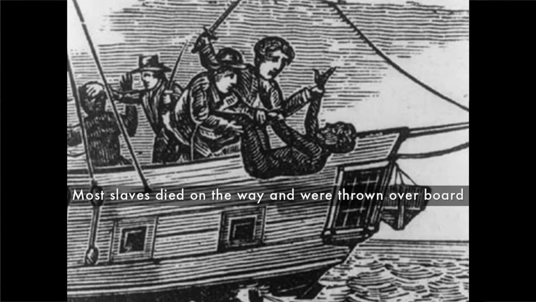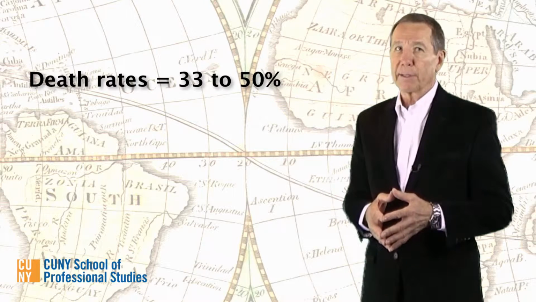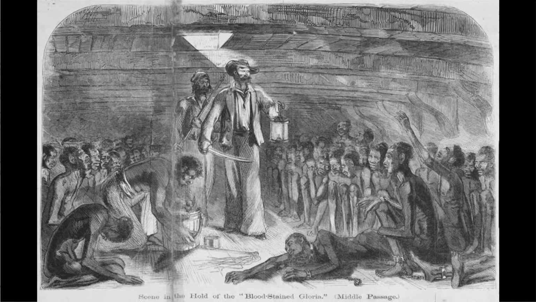Initially, slavers didn't much care about the well-being of their human cargo. In the 1500s, Middle Passage death rates remained somewhere between 33 and 50%. As slave traders became more cognizant of the profit they were losing from the cargo dying, they took measures to improve the survival rate. This usually meant force-feeding slaves that were either too weak to feed themselves or refused to eat.